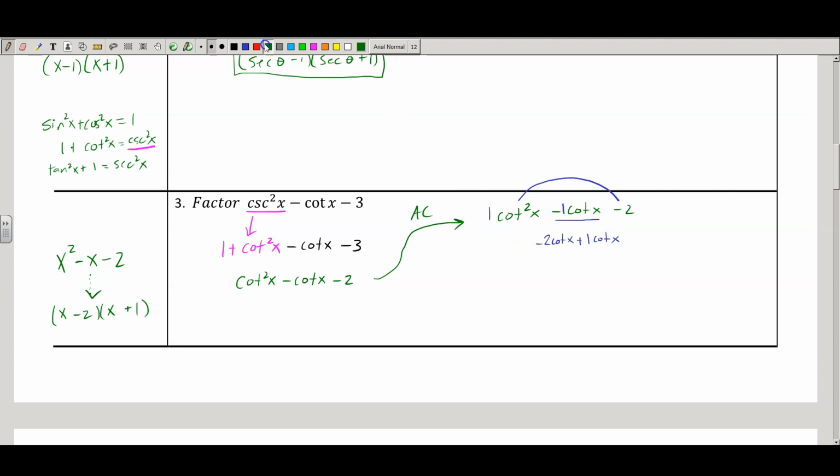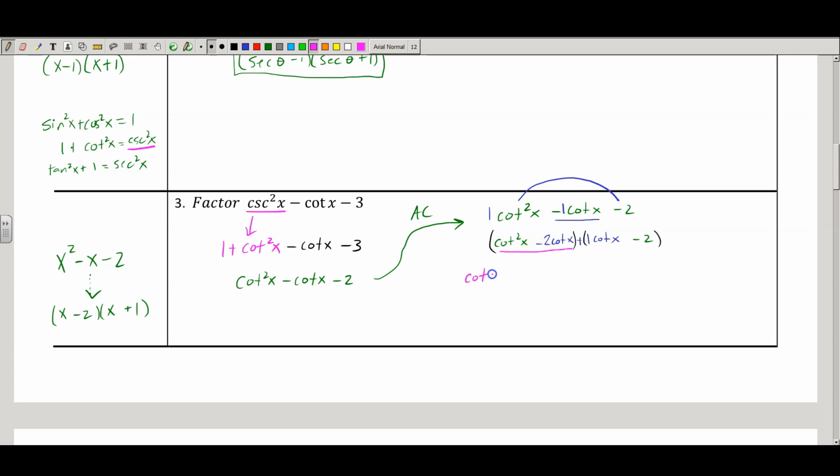And then we would bring down the other terms. So cotangent squared x minus 2. And then we would group that. We'd group this, and we'd group this. And then we would pull out whatever they have in common. So in this first group, we have a cotangent that we can pull out.